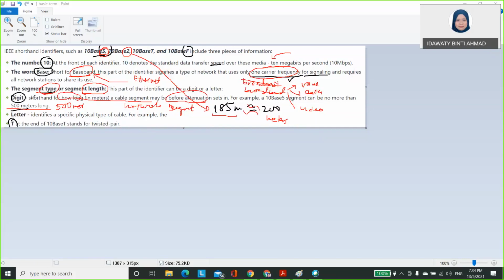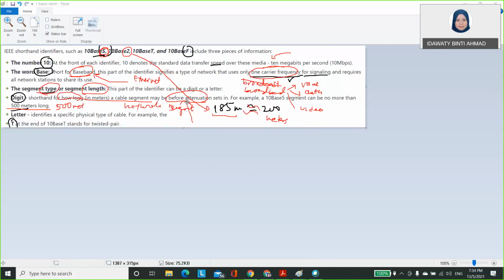If you have the number 2, that shows the distance before the attenuation happens. So if the cable is mentioned there with a maximum of 200 meters, for example, you cannot use the same cable for 300 meters.